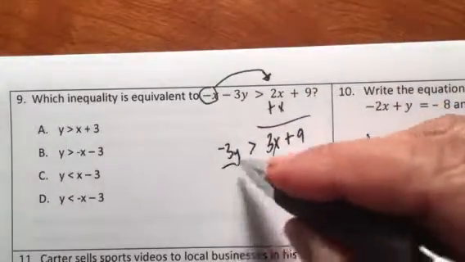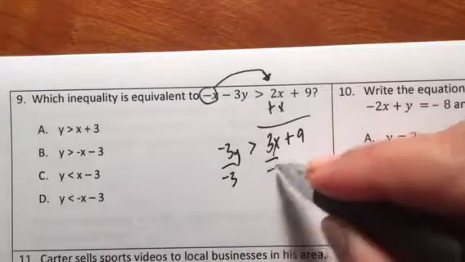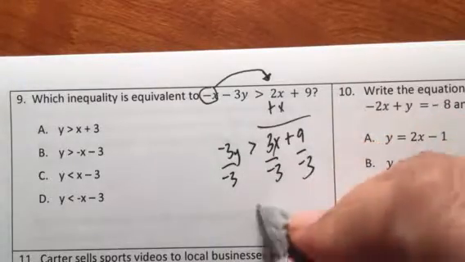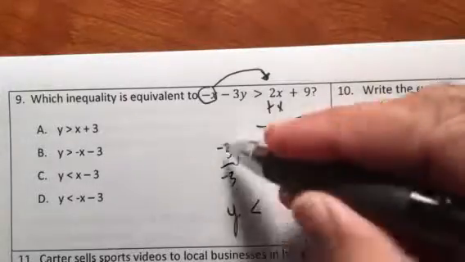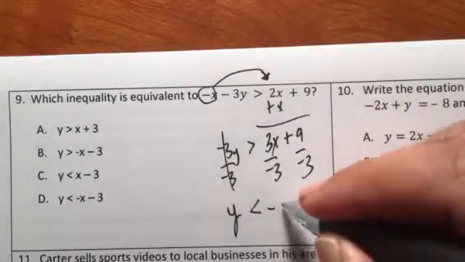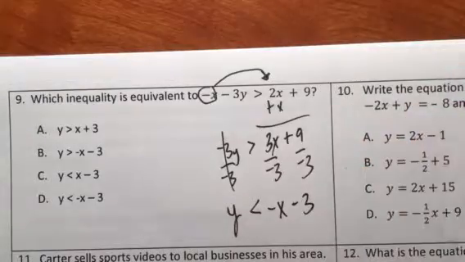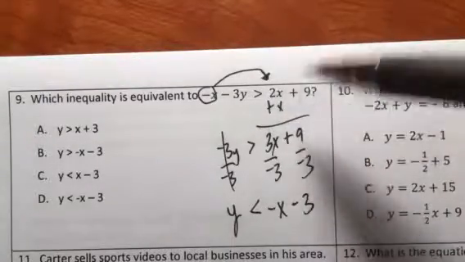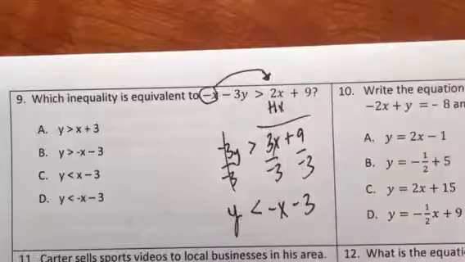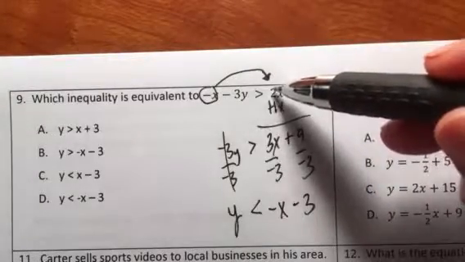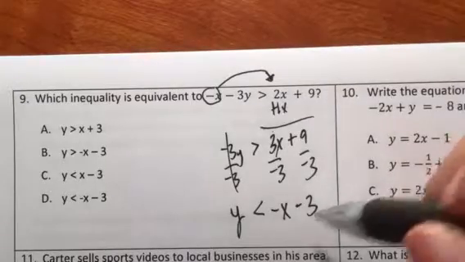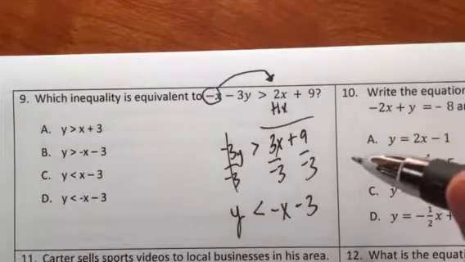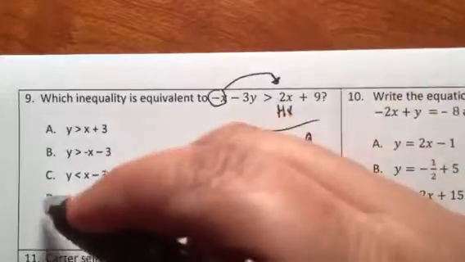Remember, if the number in front of y is negative, or we divide or multiply by a negative, the sign flips. So this is now just y because that reduces. This is negative x, and that's minus 3. So our answer would be, and just in case, there's an imaginary 1, so 2 plus 1 is 3, so that's where that came from. So our answer would be D on this one.